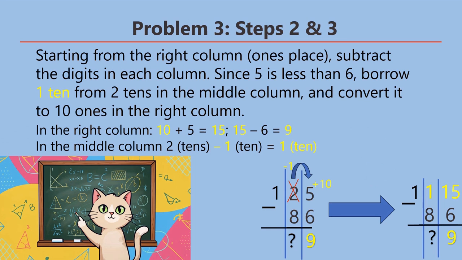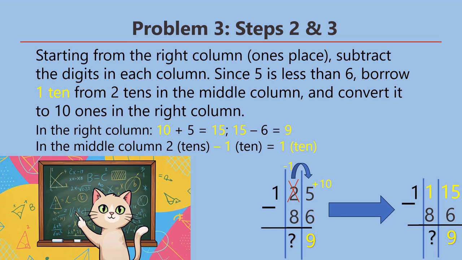Steps 2 and 3. Starting from the right column, the ones place, subtract the digits in each column. Since 5 is less than 6, borrow one 10 from two 10s in the middle column, and convert it to 10 ones in the right column.